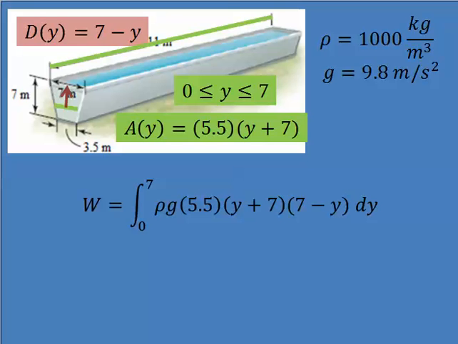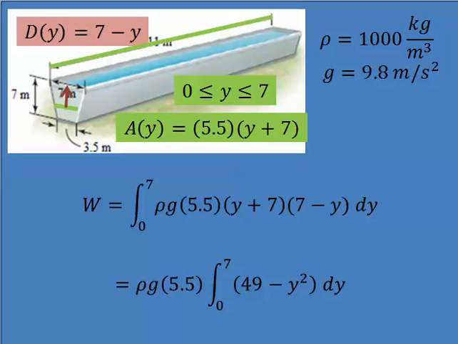And this is what I get. Next, I'm going to bring the rho, the g, and the 5.5 all outside of the integral. And I'm also going to multiply y plus 7 times 7 minus y. And that's what I get.